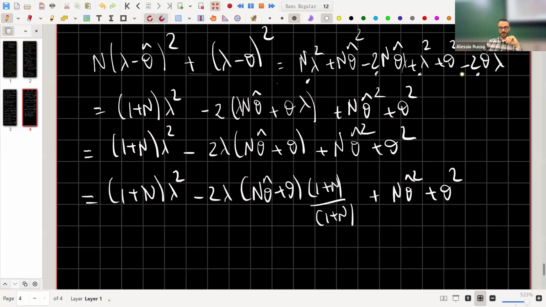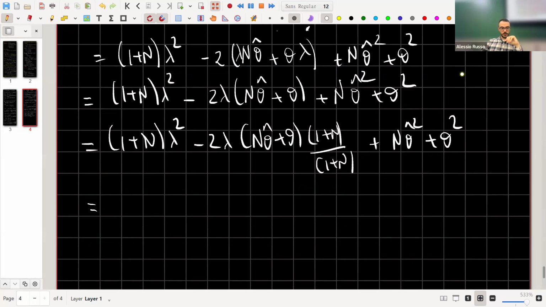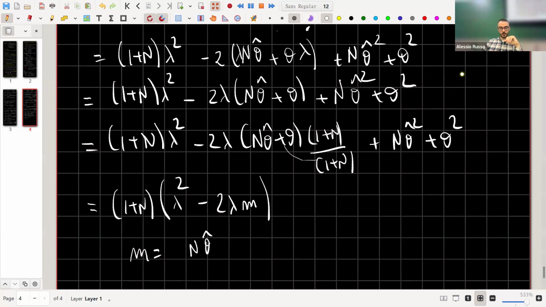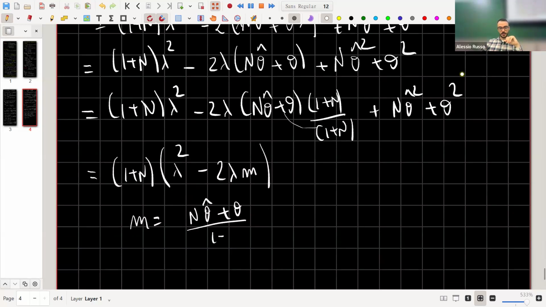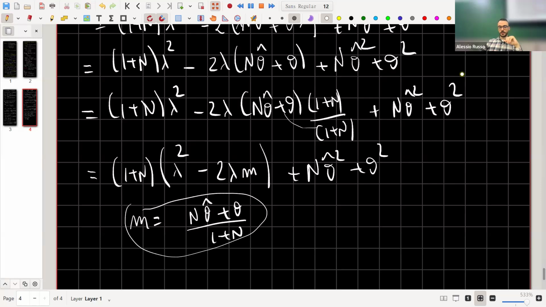So here you can write 1 plus n lambda squared minus 2 lambda m, where we define m to be this ratio, n theta hat plus theta divided by 1 plus n. Plus n theta hat squared plus theta squared. So to complete the square, we can just do plus minus 1 plus n m squared.